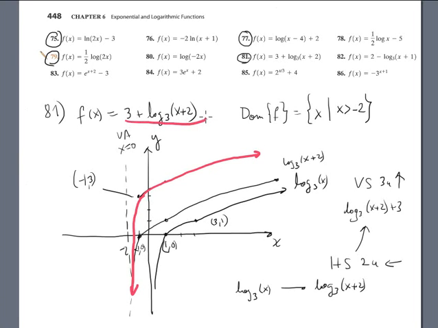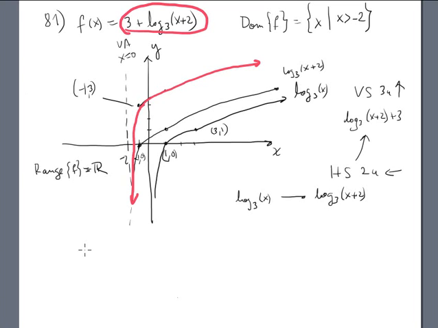Look at the graph. It's obvious that the range of the original function f is all real numbers. Okay, let's find the inverse.